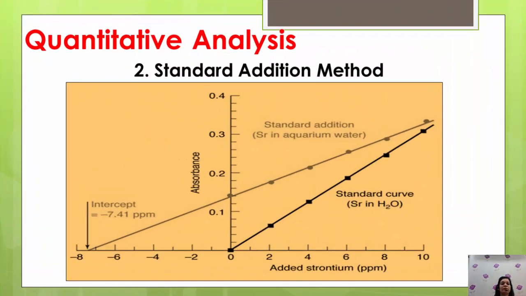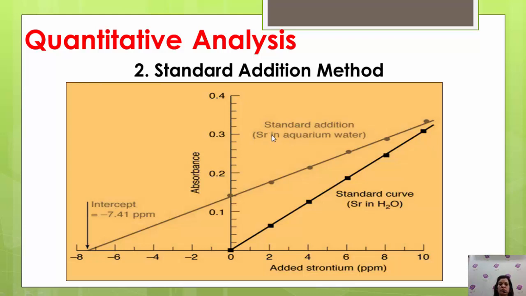The second method we can apply for quantitative analysis is the standard addition method. Suppose we are applying the calibration curve method and we are unable to find out the concentration of the sample which has been provided to us. So we can find out the concentration by adding a standard solution of the same element, suppose strontium.